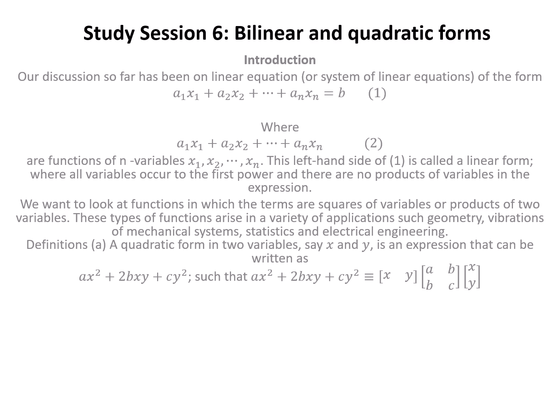And when we are talking about linear equations, you can see it in the form of equation 1, of which we have treated before, where you have your a1 x1 plus a2 x2 and so on to an xn equals b, where your a1 x1, a2 x2 and so on to an xn, which is your equation 2, are functions of n variables x1, x2 up to xn.